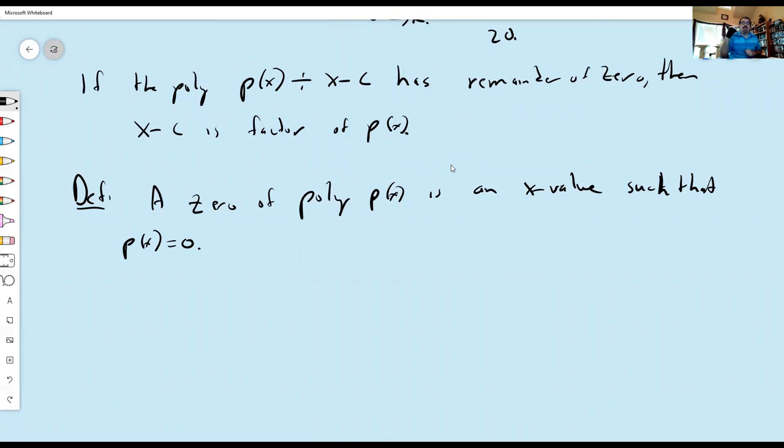That is, this is an x value that makes y equal to 0. 0 can be a new word. You might also hear this referred to as an x-intercept. When does an x-intercept occur? When y equals 0. You may also hear this referred to as a solution or a root. A root's kind of an older version. You don't hear it too often anymore, but it's still out there.